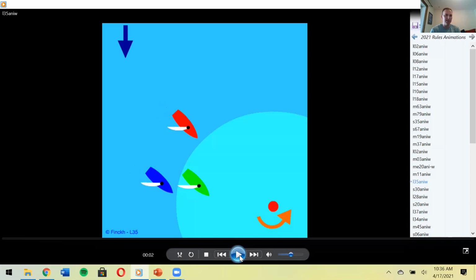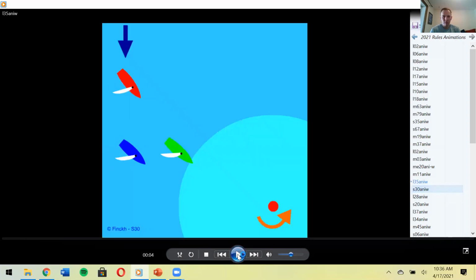So now red accelerated. And now there's overlap between blue and red. And red is the inside boat, so red has mark room over blue. Okay, so similar scenario.